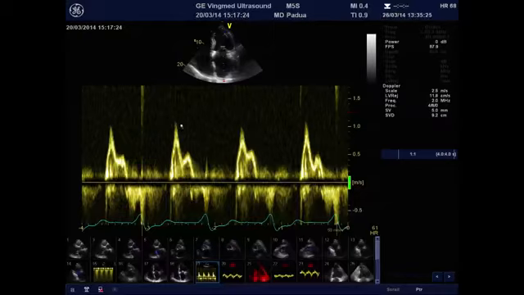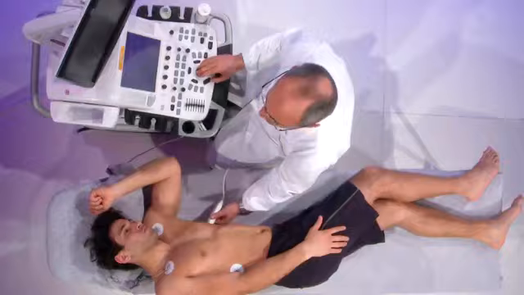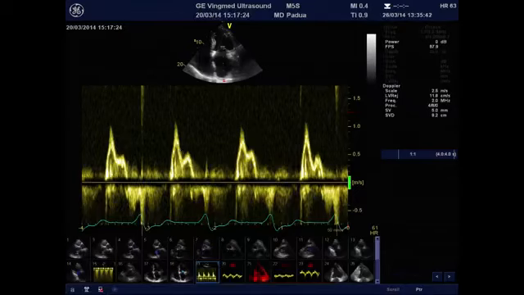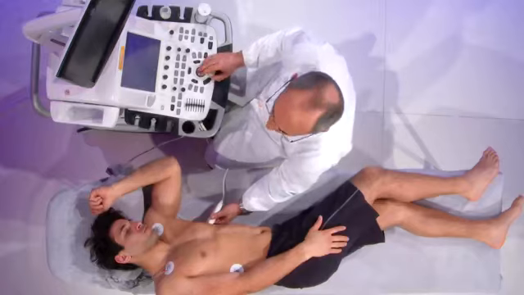This type of left ventricular filling would be pathologic in a normal patient, but this is quite usual in a heart transplant patient. And again, it's really important to measure these velocities and to compare the velocities of the E and the A wave and their relation with what has been quantified during the previous examination to see if there is any worsening of the filling and so the diastolic function of the transplanted heart.